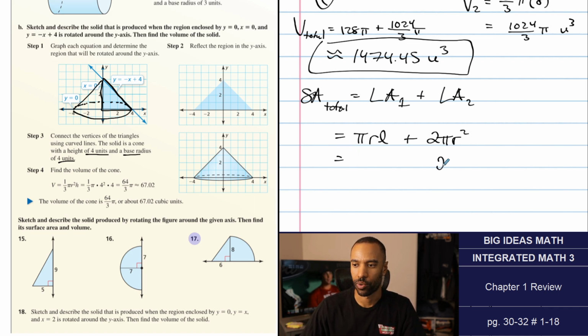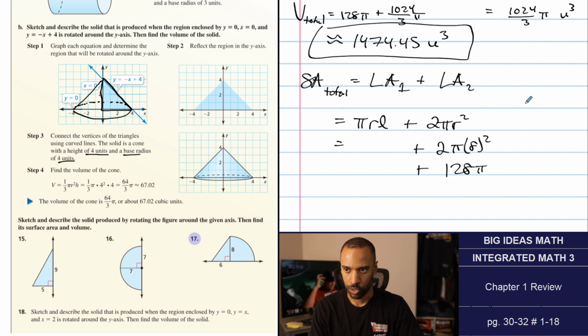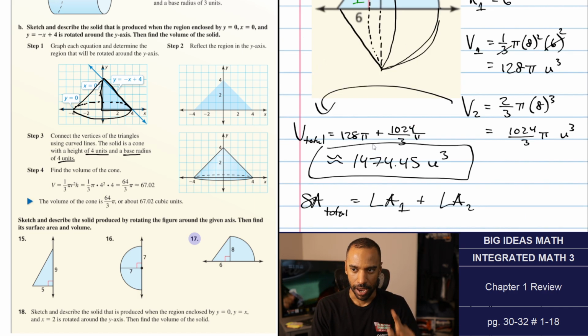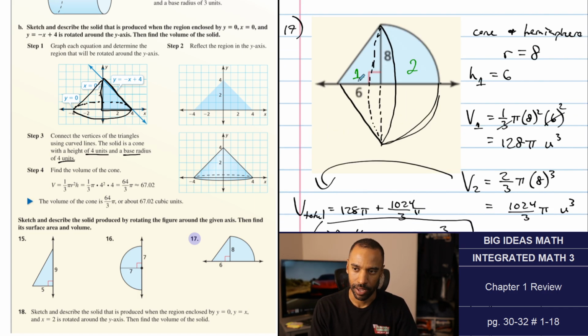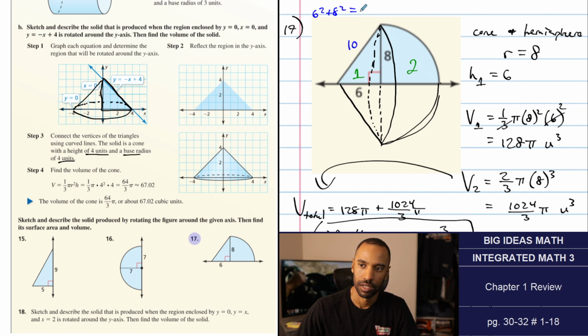Let's start with the 2 pi r squared because we have radius, that's 8. That's 128 pi. This is square units, by the way, when we do all this. So that's 128 pi. Pi RL, we never got the lateral area yet. This is 6, this is 8. 6 squared plus 8 squared, guys, that is 10 squared. This will be a 10. L squared equals 36 plus 64.